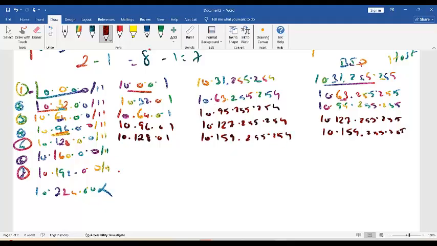Okay, you know how to fill that. The reason why I wrote this one, though we don't use the all-ones subnet, is so that you will not make a mistake when you write the broadcast for this: 10.223.255.255.